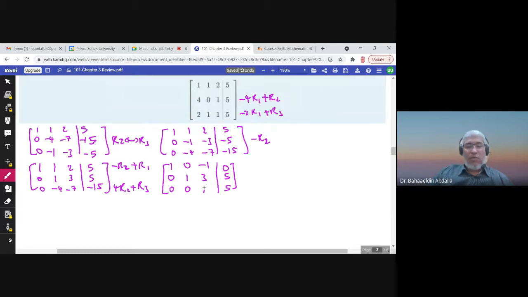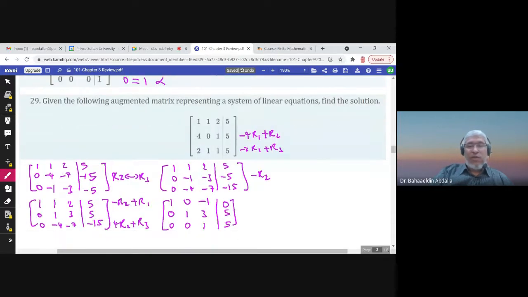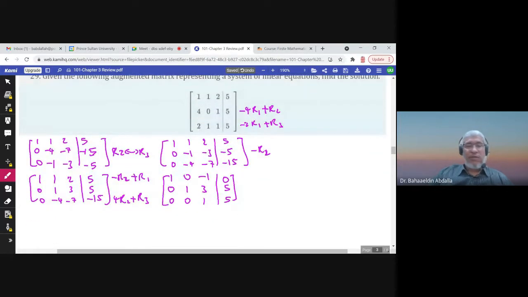I will use, let me check something. Is there any mistake? I'll go from here. Negative 4 plus 4, 0. Negative 4, negative 7, negative 15, negative 10. Okay, negative 4, good.